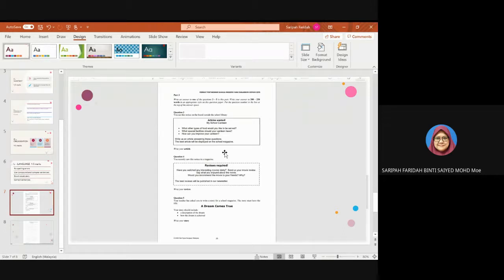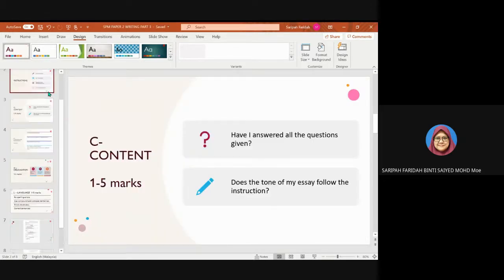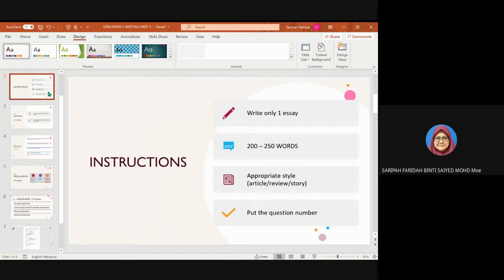Okay. Make sure that you know what you are good at. In your form 4 and form 5 classes, if you are writing, which style of writing do you get the most marks? Is it article? Is it review? Is it story? Is it argumentative?